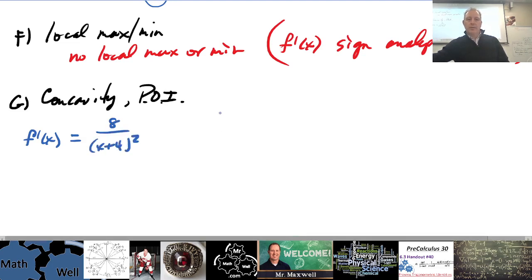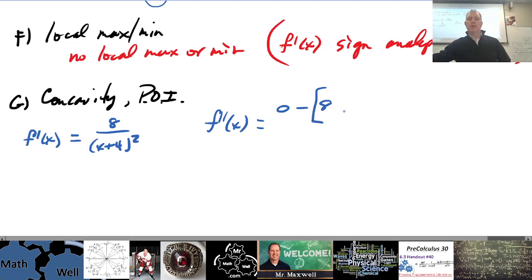So our second derivative here, this is the first. Second derivative is going to be, yeah, you could do quotient rule. You could make this a -2 and just do power rule, it doesn't matter. Quotient rule will be derivative of the top times the bottom, so that's just 0, minus the top, that's 8, times the derivative of the bottom.